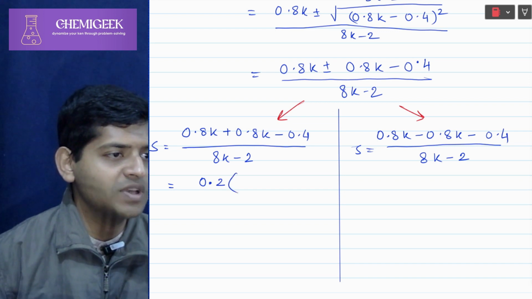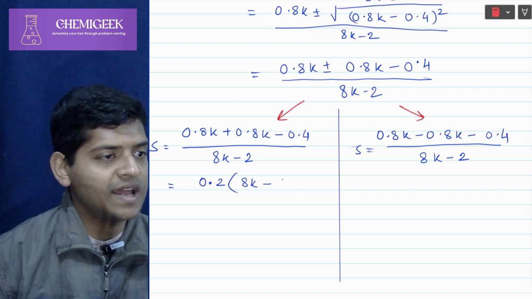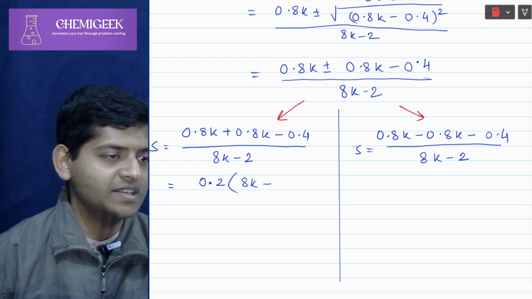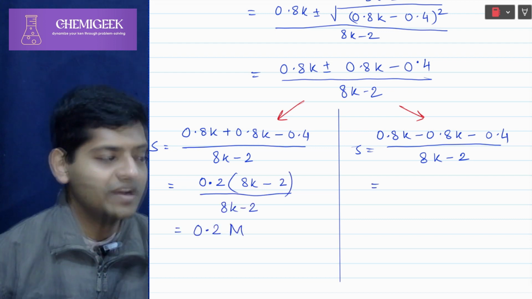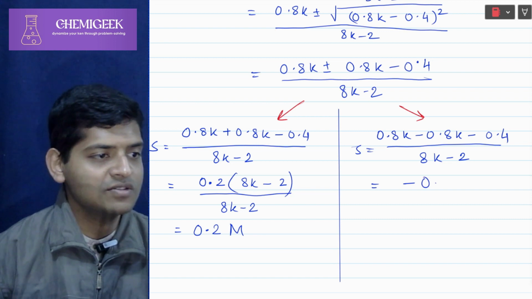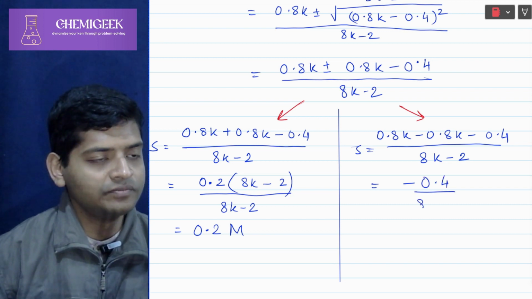Why are we taking 0.2 as common from 0.8 and 0.4? The reason is that we can get 8K minus 2. You can see here. Right? So the 8K minus 2 and 8K minus 2 can be cancelled. So this is nothing but 0.2 molar.